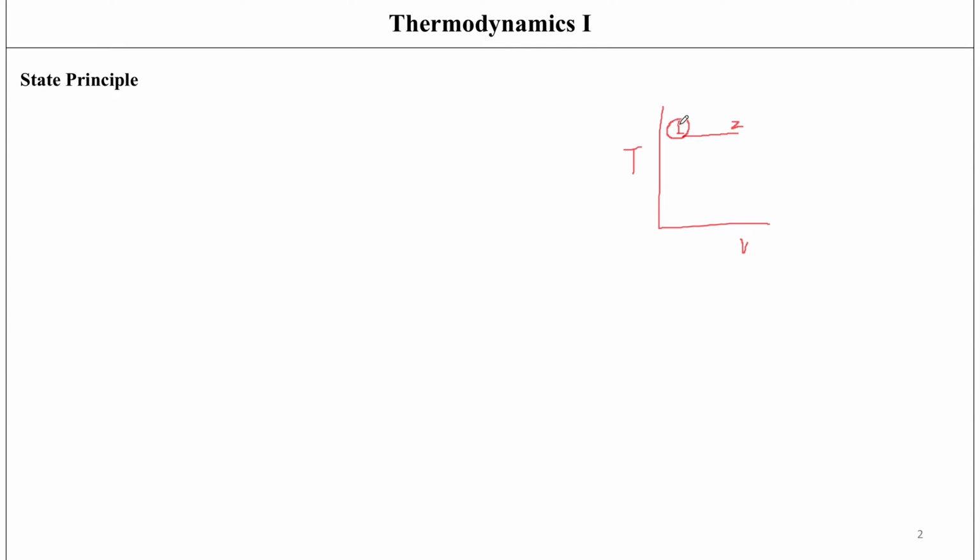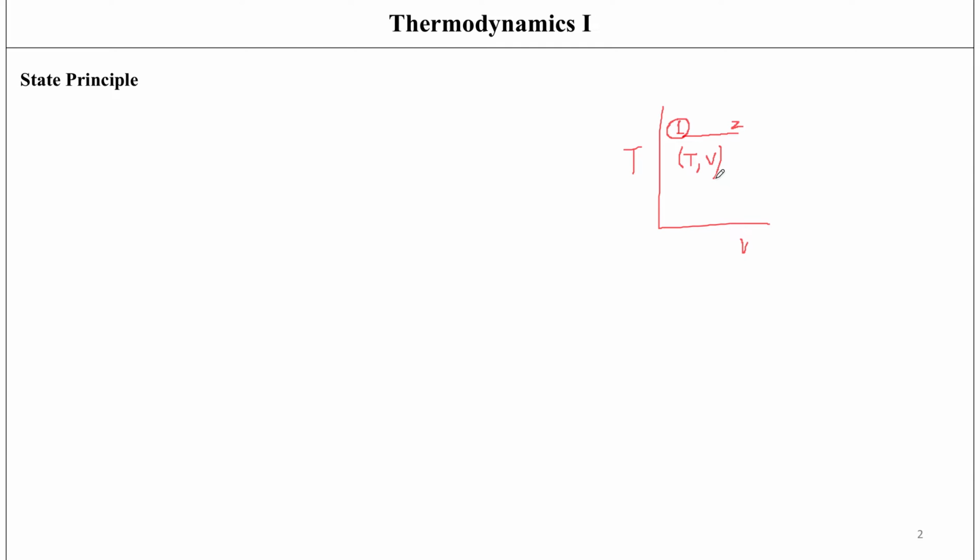So this state of the closed system at equilibrium is its condition where it can be described by the values of its thermodynamic properties. So this state here can be described in terms of the temperature and the volume or the specific volume of the system.